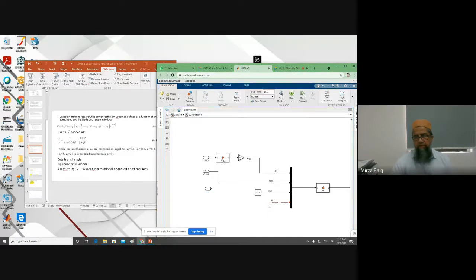So we'll have a function here for the Cp. And we'll have a mux here. We have two inputs in the mux.